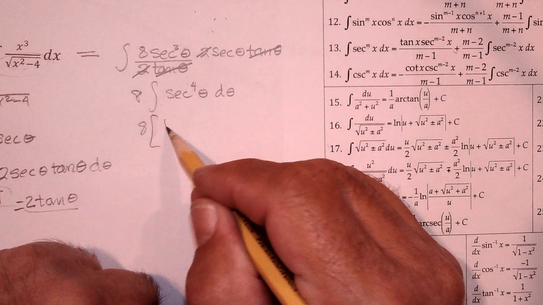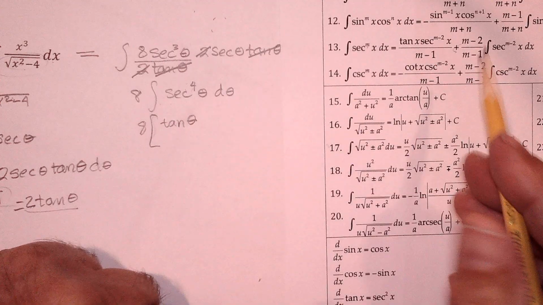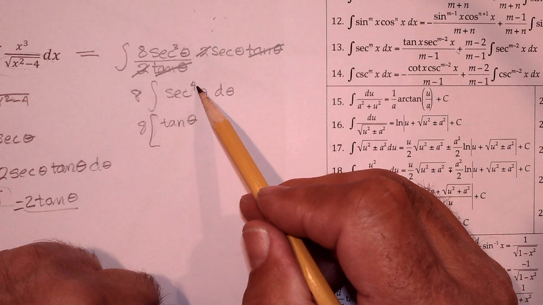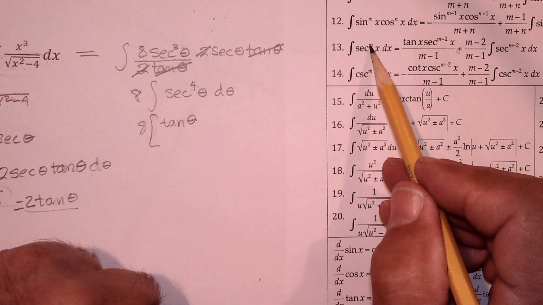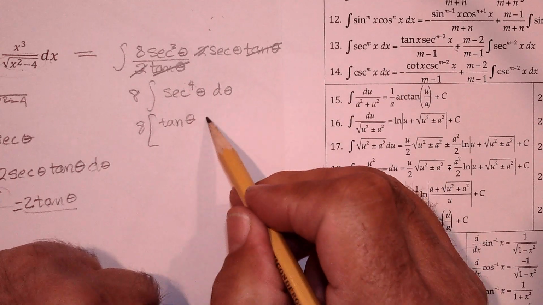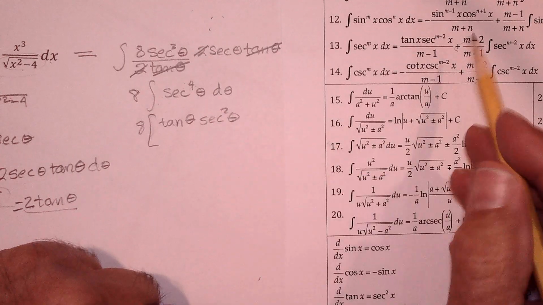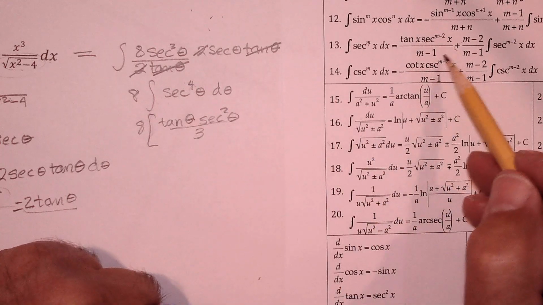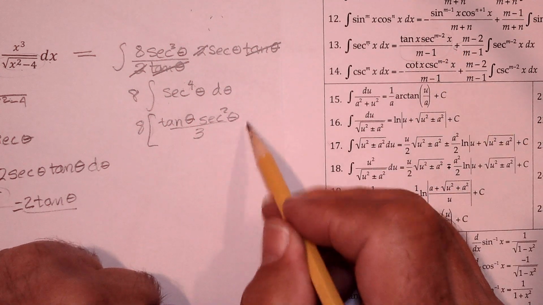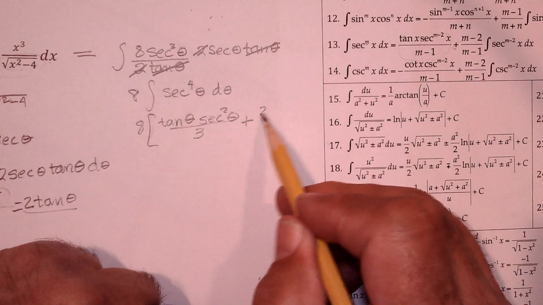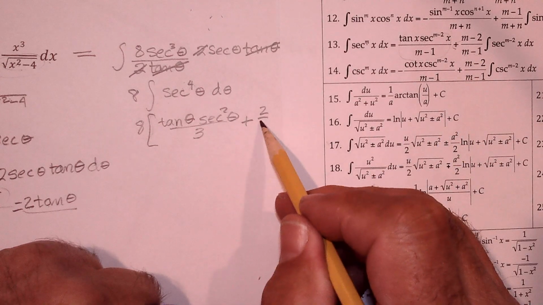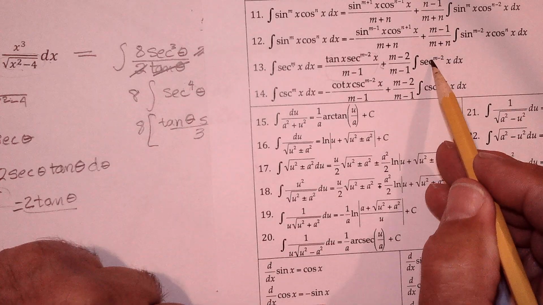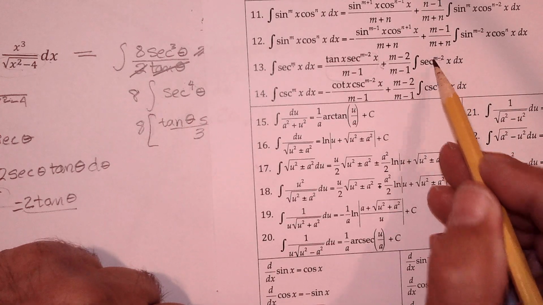Tangent of x, but x is theta, and secant to 2 less than m was 4, so 2 less than 4 is 2, so that'd be secant squared theta over 4 minus 1, 3, that's this, plus 4 minus 2, 2, over 4 minus 1, 3, antiderivative of secant to 2 less than the power it was.